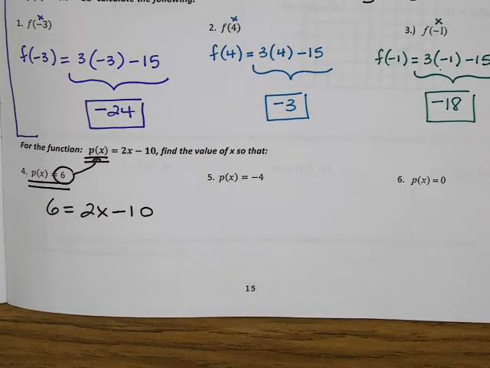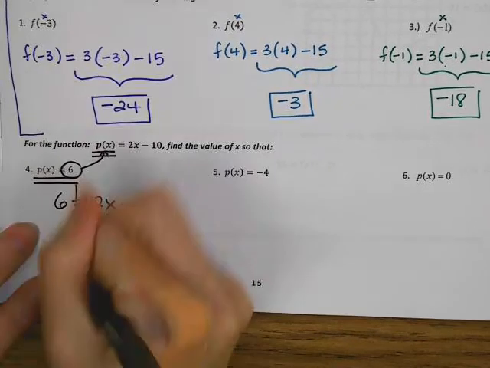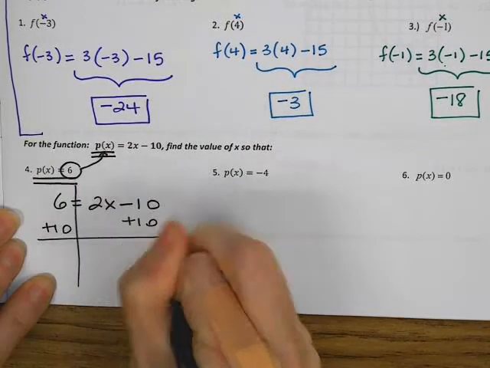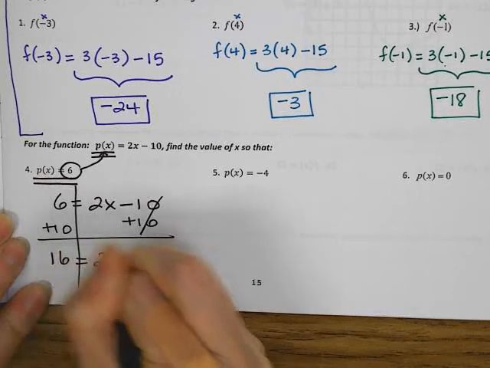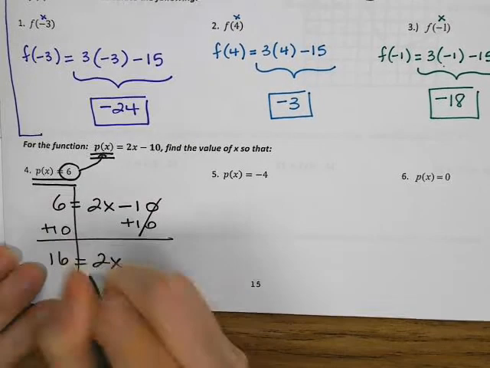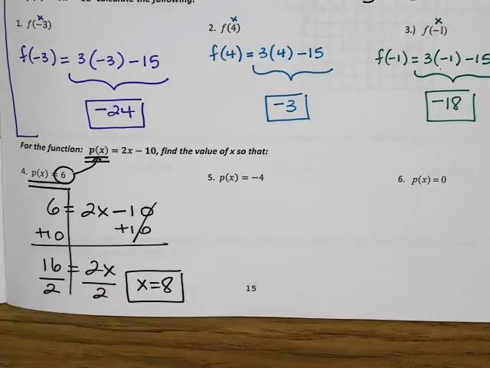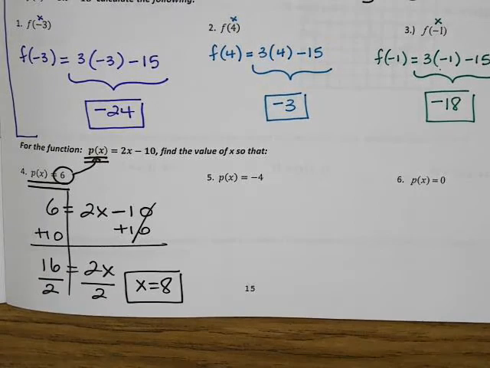And then solve for x. So draw the wall. You're going to add 10. We get 16 equals 2x, and then divide by 2, so x would be 8. Okay, not hard, you just have to know where to put it.